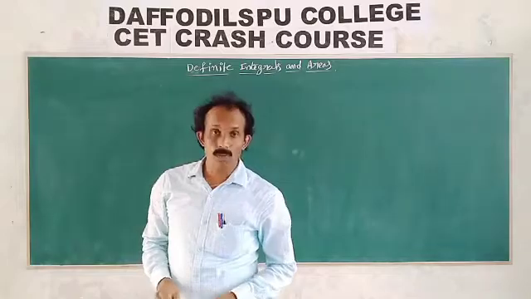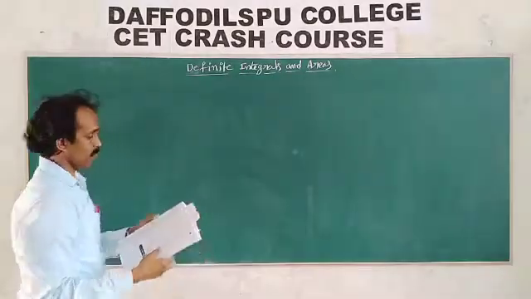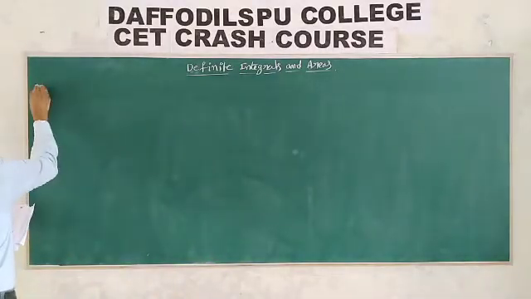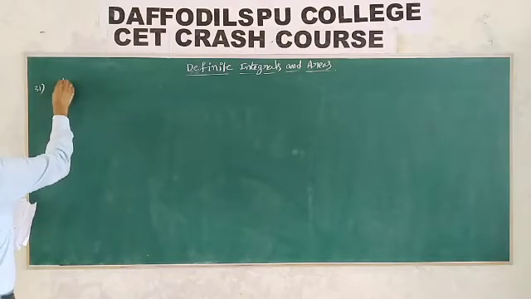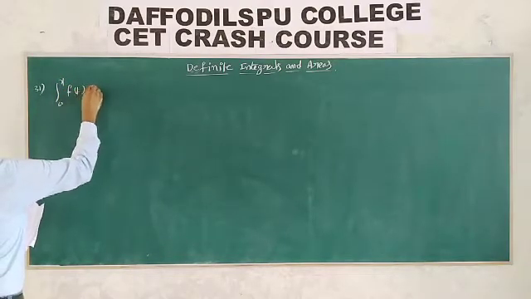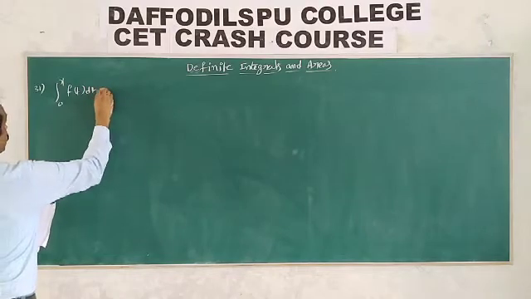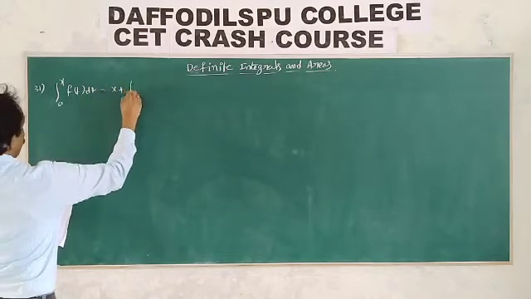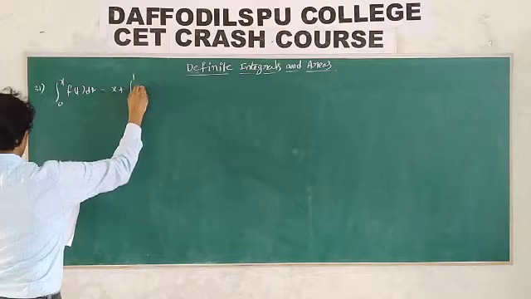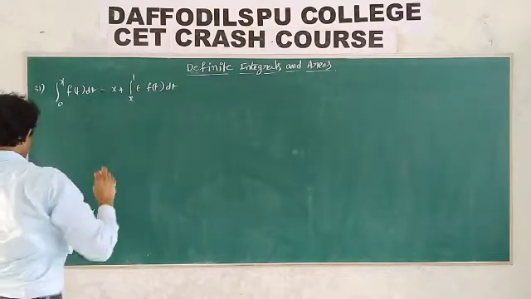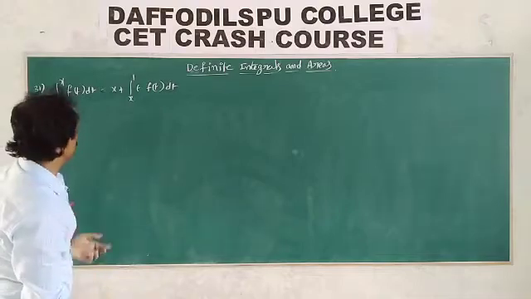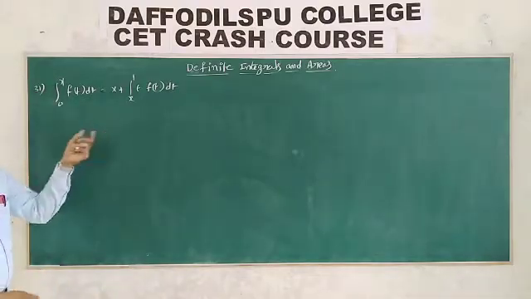Now problem 31: the integral from 0 to x of f of t dt is equal to x plus the integral from x to 1 of t f of t dt, then find f of 1. So we need the f of x value.